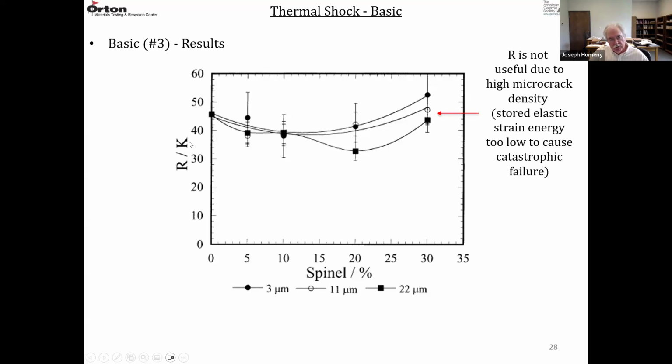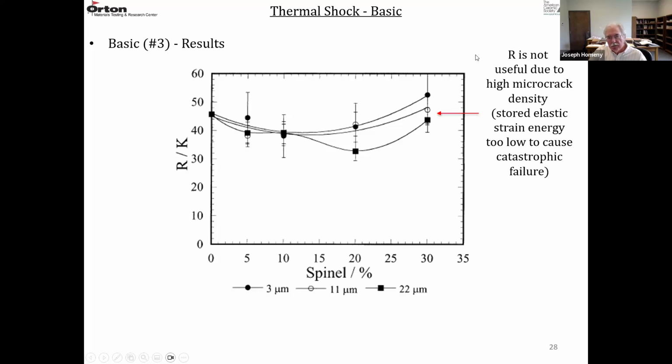And this is in Kelvin, so you have to add 273 to that to get degrees C. So it's somewhat above 300 degrees C. And that's where failure should take place under very rapid quench conditions.